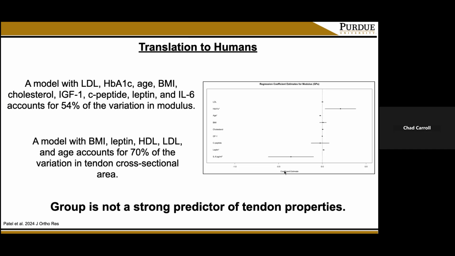And what was really interesting about it is, even though I just showed you that when I grouped the patients by prediabetes and diabetes, when you do regression analysis and look at just group as a predictor, it explains actually very little of the variation in tendon properties. It's actually this combination of all these other variables that are involved. So we plan to take that much further as we go along here.